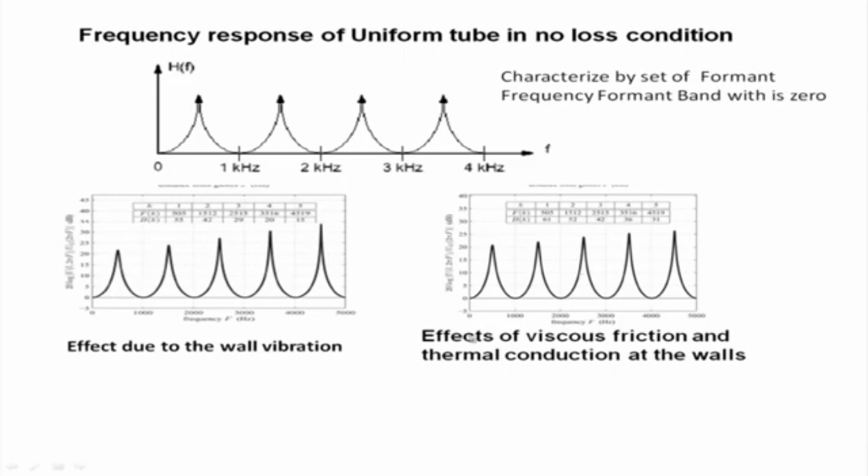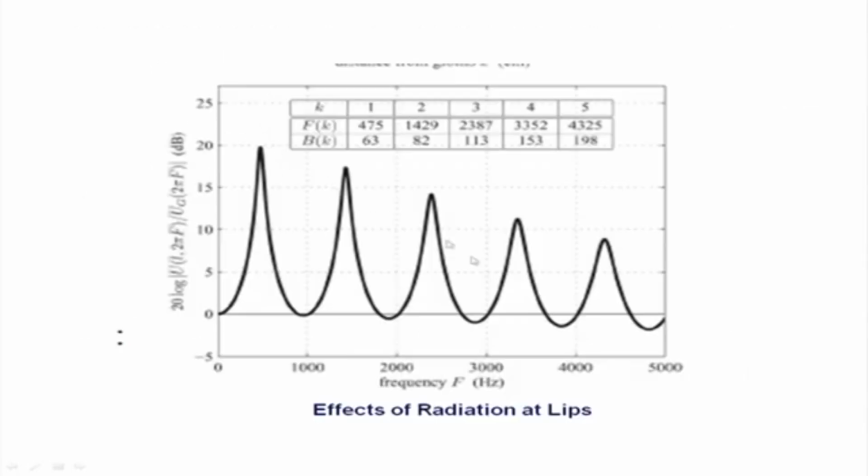Then if I consider the viscous loss, the friction loss, the bandwidth increases again and the formant frequency changes slightly. The increase and decrease cancel out, so the formant frequency stays around 500 Hz, but the bandwidth is no longer 0. Now, if I consider the radiation loss, then for high frequency, because of the resistive radiation, this will be suppressed.